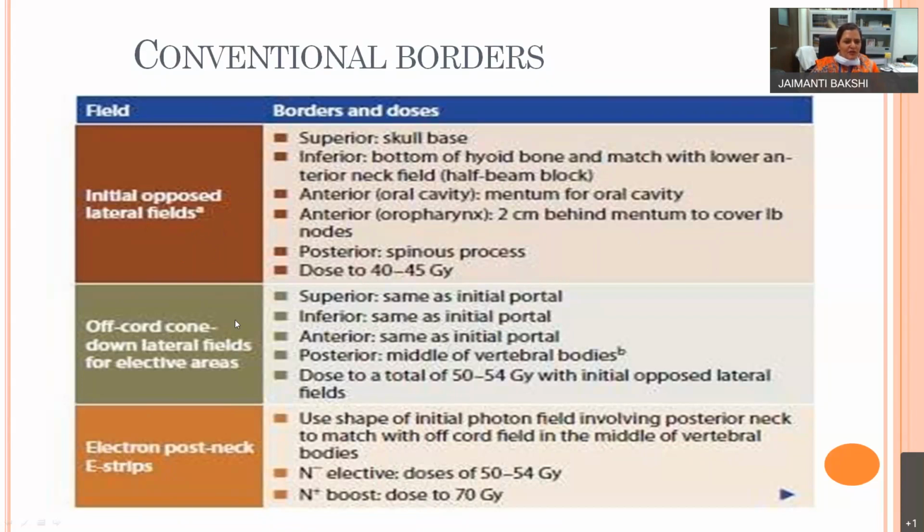The second field is off-cord cone down lateral fields for elective areas, which starts at the skull base, and the dose delivered is 50 to 54 grays. The third type of field is electron posterior neck strips, in which a dose up to 70 grays can be given for N-positive nodes, and 50 to 54 grays has to be given for N-negative neck.